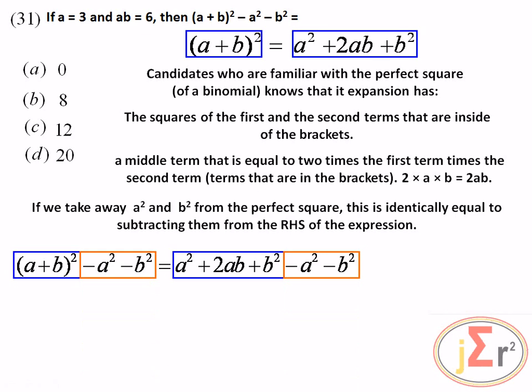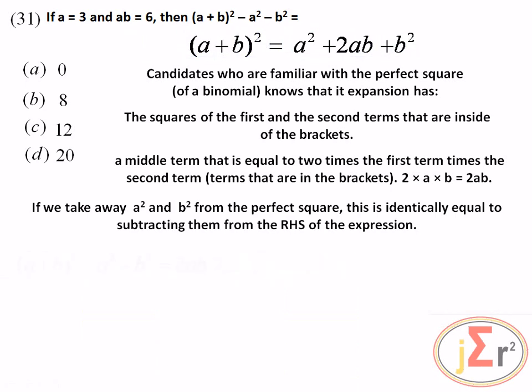Therefore, let us see what the result will be. The expression (a plus b) all squared minus a squared minus b squared, which is what we have right here, is actually equal to 2ab.